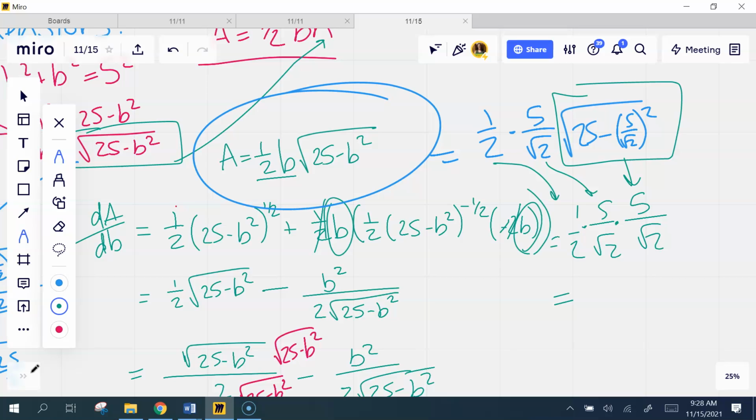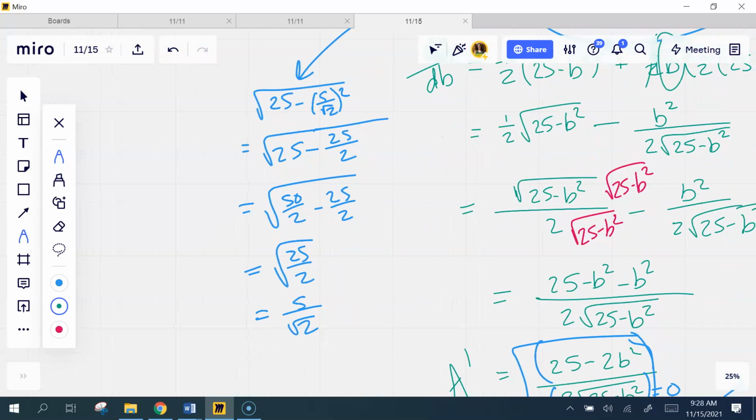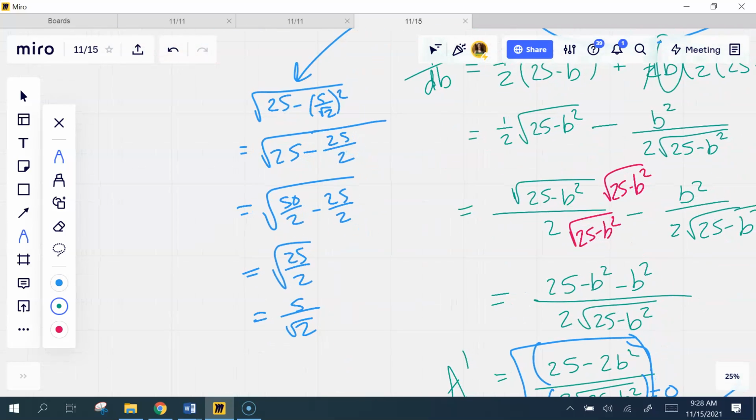There's my area. It comes out as a nice, not so nasty value. The maximum area is 25 over 4, and the triangle has dimensions of 5 over root 2, 5 over root 2 by 5.